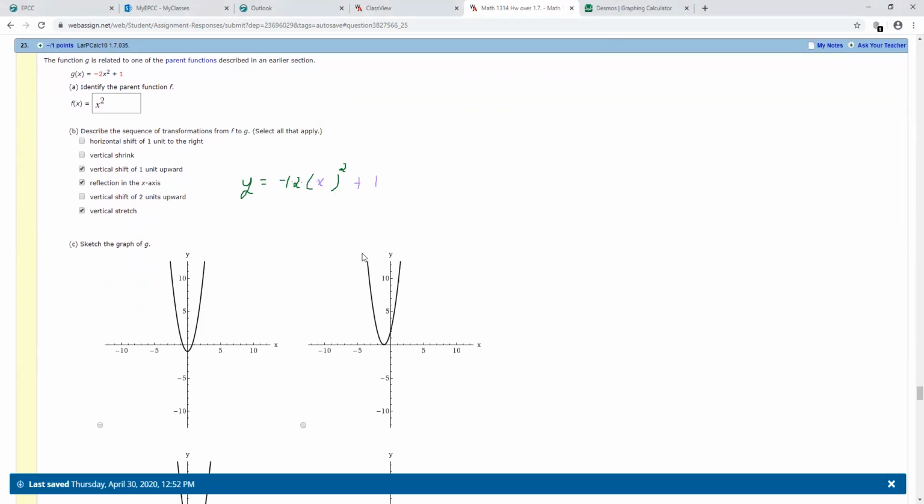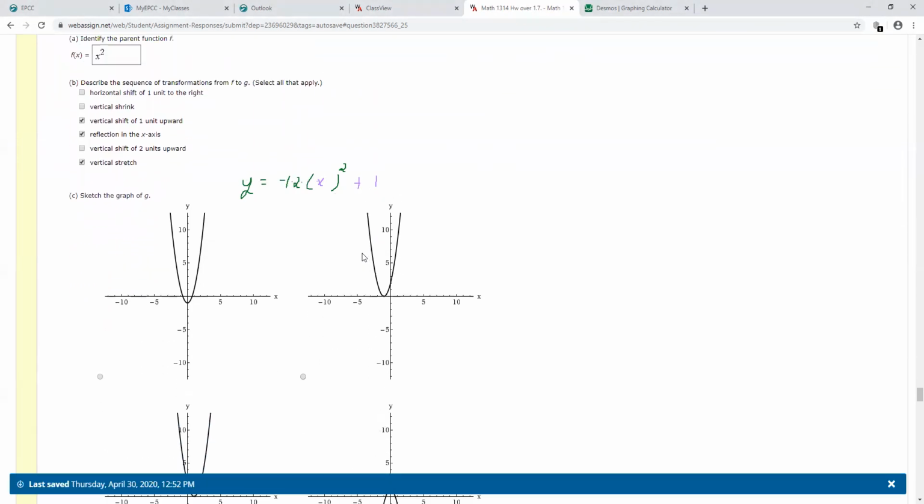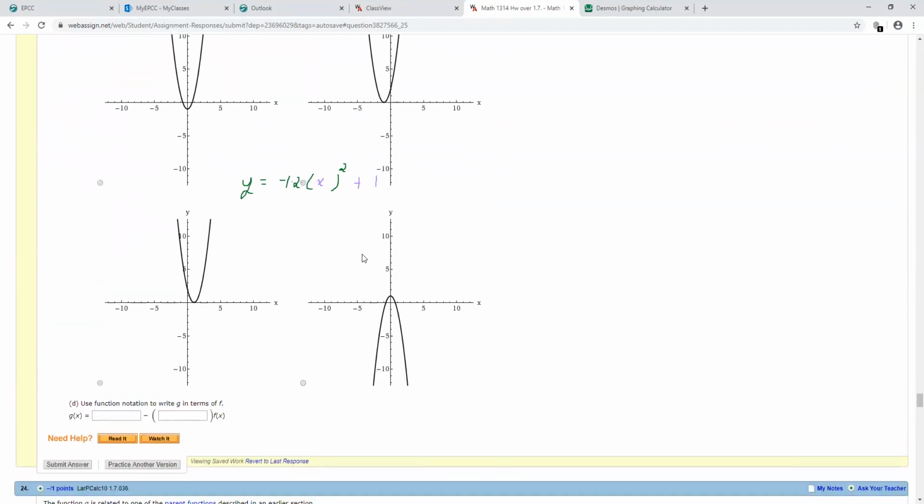And now, by the way, let's come down here and write this part, and then we'll do the graph. So, if f of x is the parent function, and Megan, which one's the parent function?